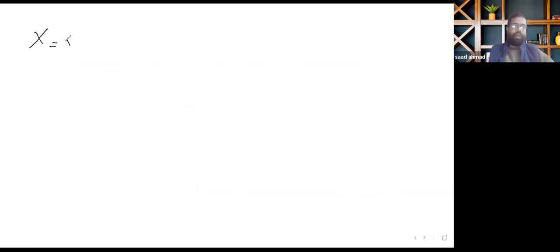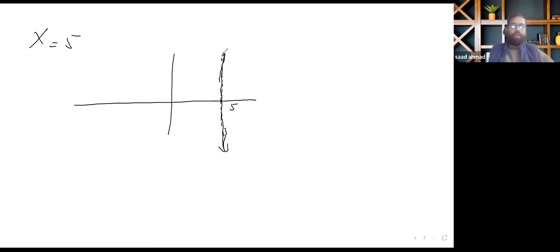Let's say x equals 5. That's a vertical line at 5. This is the line x equals 5. It's a vertical line and it has infinite slope, or you can say undefined slope.